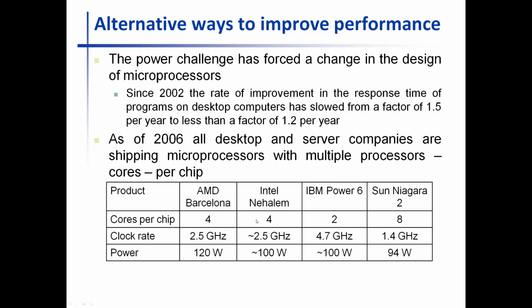Intel also had multiple processors. IBM also had multiple processors, and other manufacturers. Even 8 processors per chip. You can also see the relevant power numbers for these chips. So there was a general shift from single core processors to multi-core processors, multiple processors on the same chip.